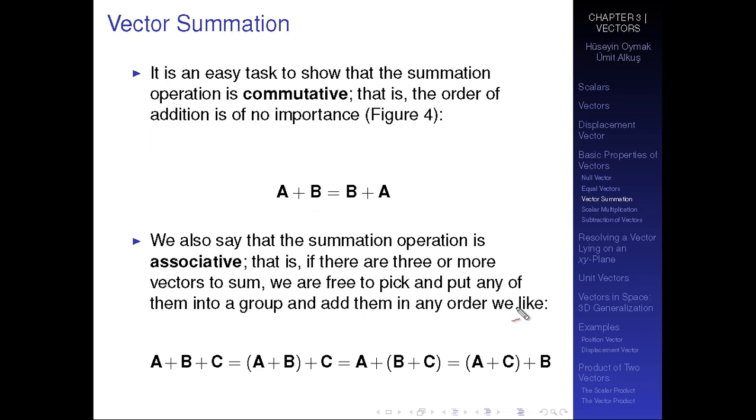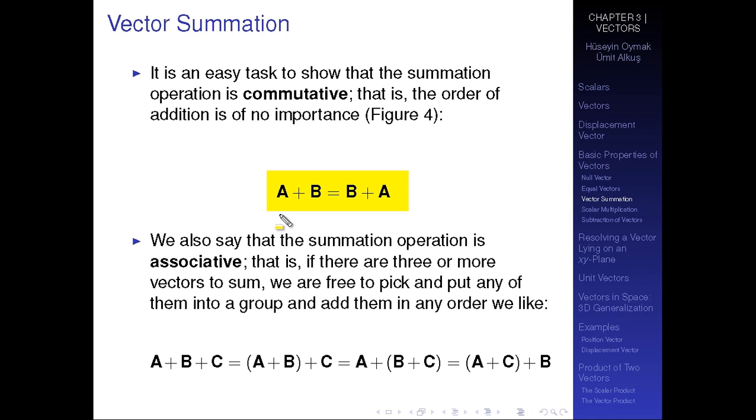Again, if you visit figure 4, you can easily show that vector summation operation is commutative. In other words, the order of the summation is of no importance in terms of the resultant vector.